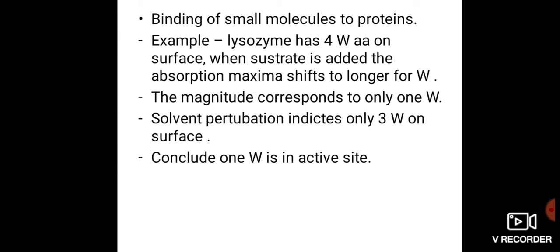When substrate is added, the absorption spectrum shifts to longer wavelength. In the case of tryptophan, the number of tryptophans varied. So solvent perturbation indicates only three tryptophans on the surface. This gives us an idea, and it concludes that one of the tryptophans was present in the active site.